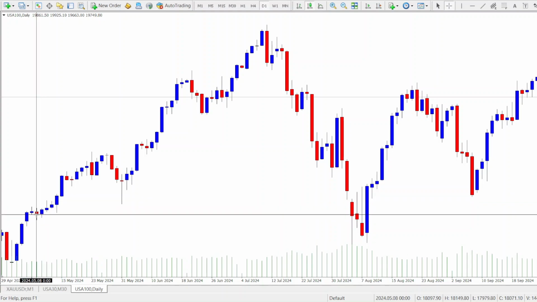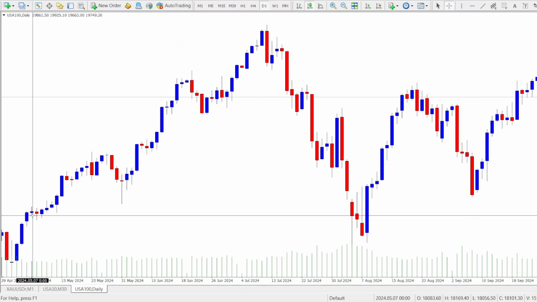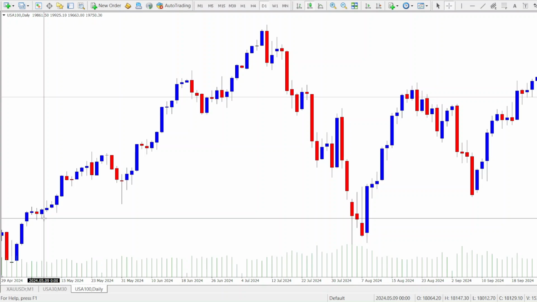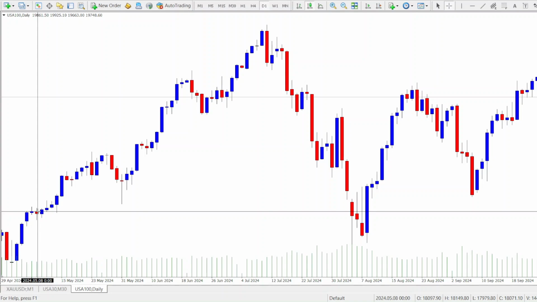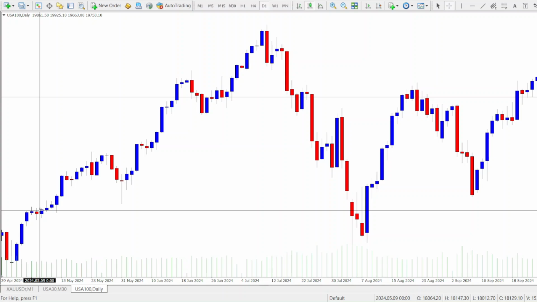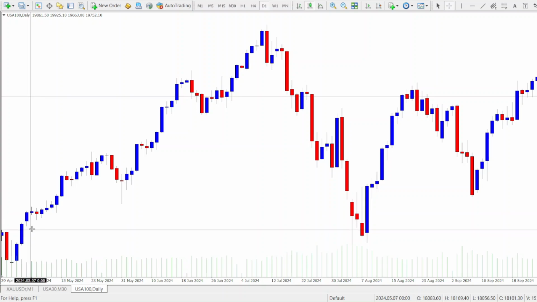So the doji is usually used to know whether price is about to reverse. It can show potential reversal zones. Whenever you see a doji show up in the market, it is a sign that the price could reverse, or that the direction of the trend could continue.